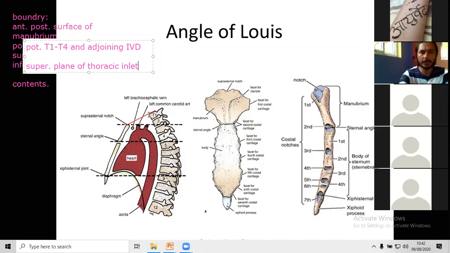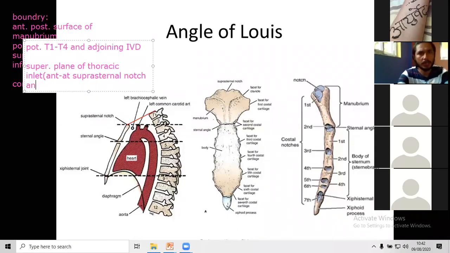So it passes anteriorly at the notch and posteriorly to the upper border of the first thoracic vertebra.